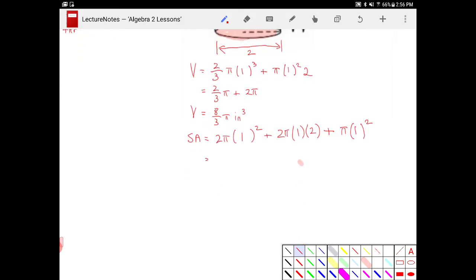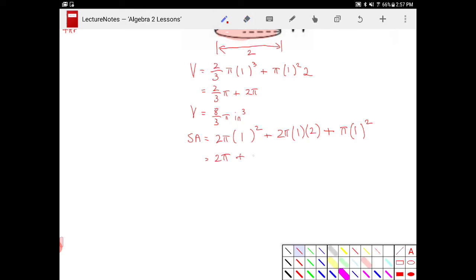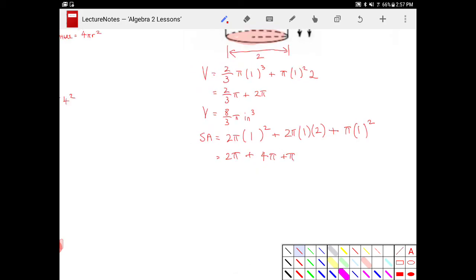I add all of this stuff, or simplify all of this. This is 2 pi plus 4 pi plus pi. That leaves me with 7 pi inches squared.